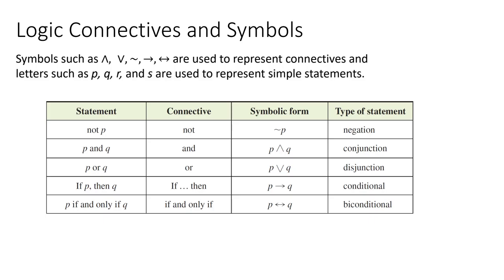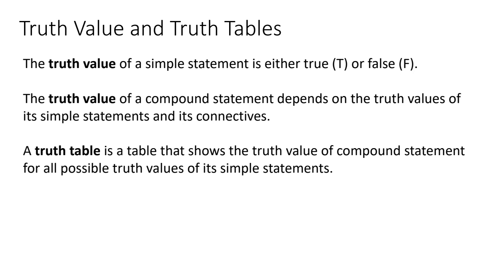Let's move on to more examples. Before we get to those examples, we're also going to create truth tables to assign the value of compound statements. If you have a simple statement, it's easy to determine whether it's true or false.